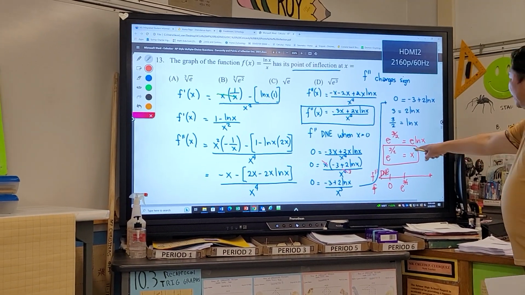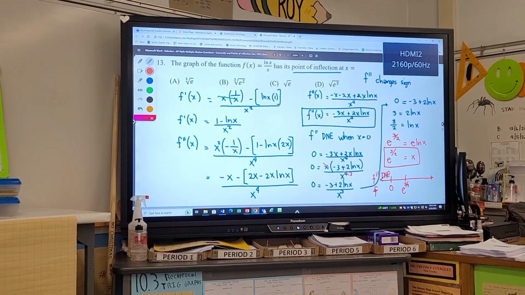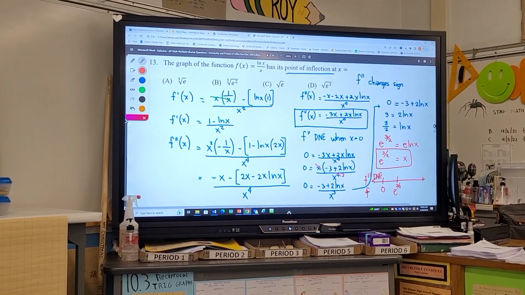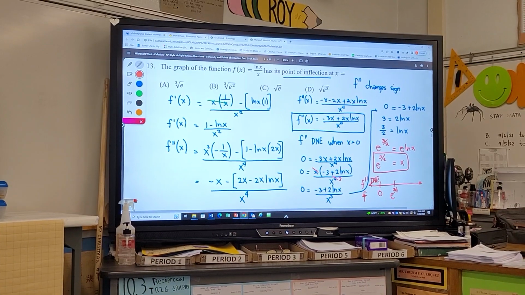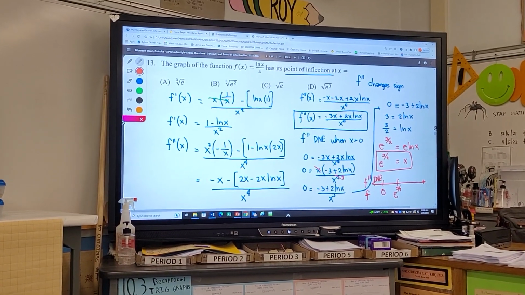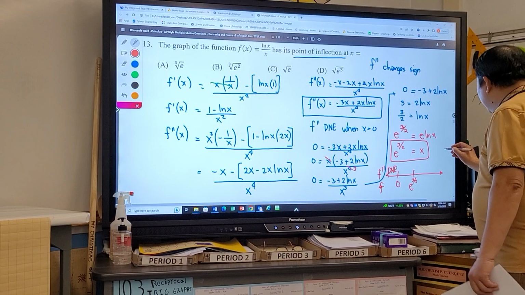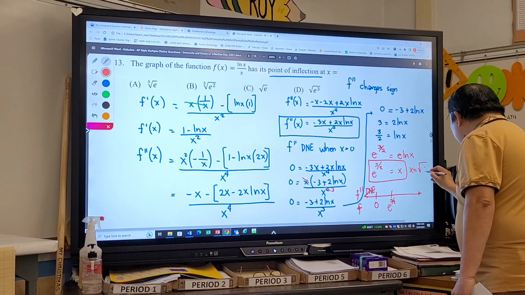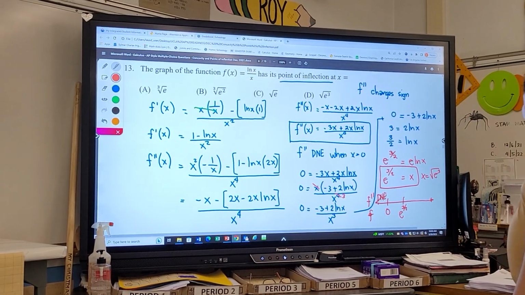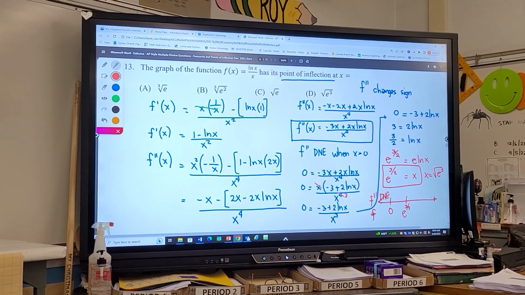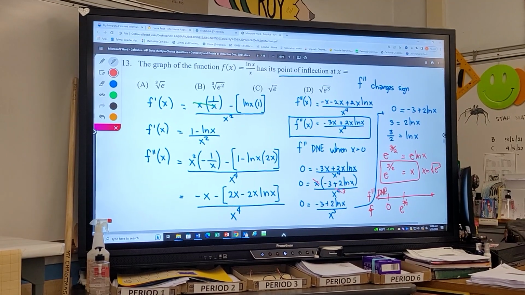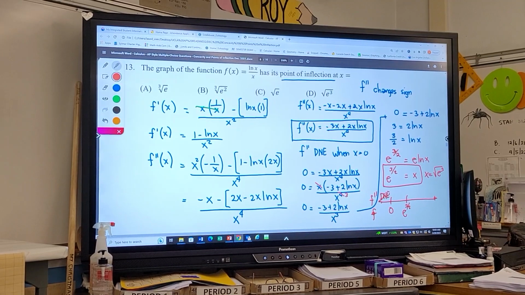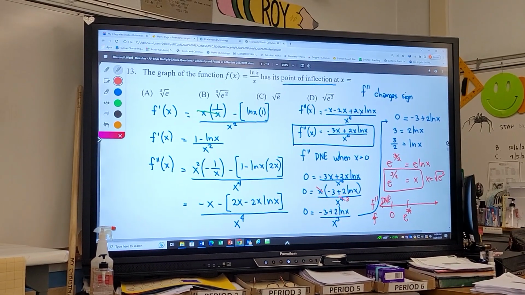Can we rewrite e to the power of 3/2 as the square root of, what is that? e to the power of 3. So x is equal to the square root of e to the power of 3.